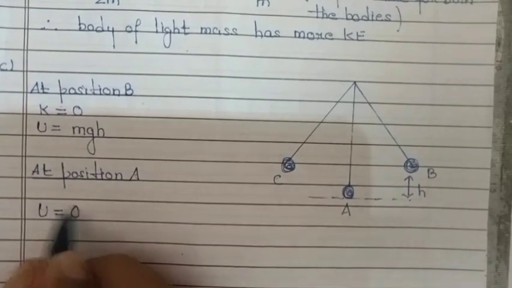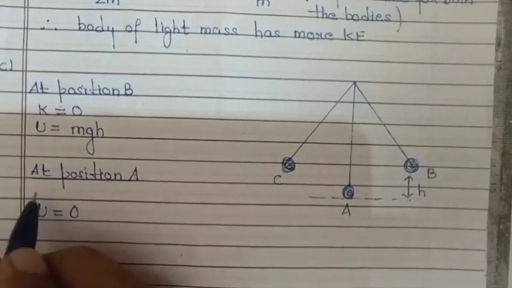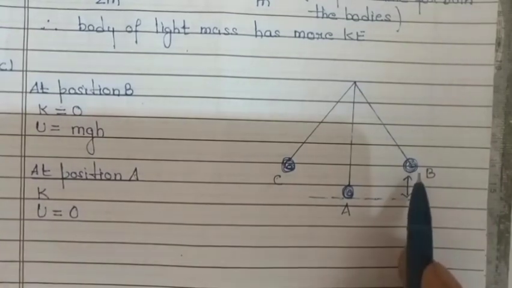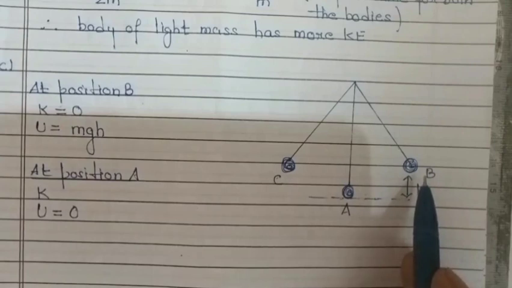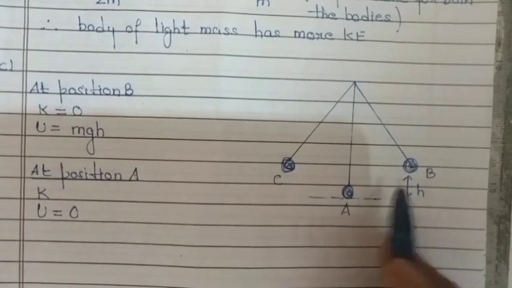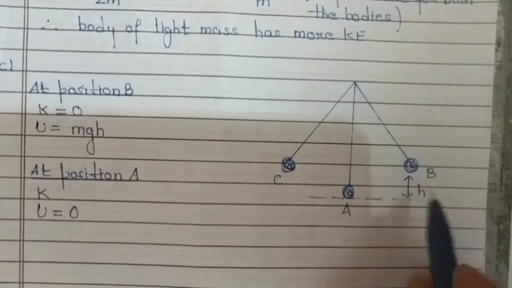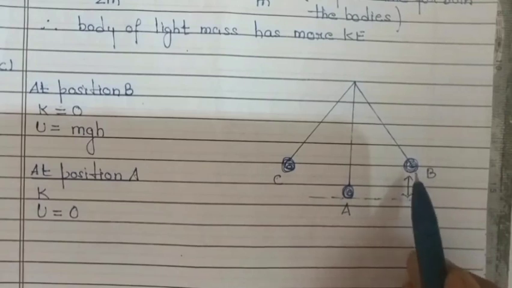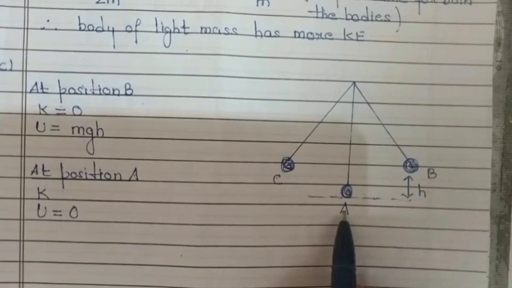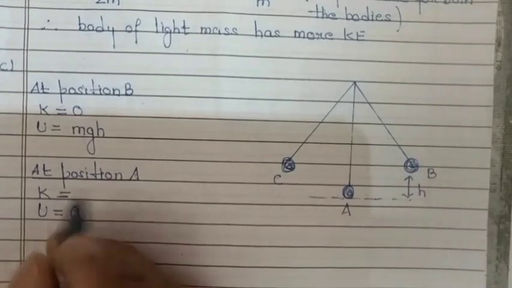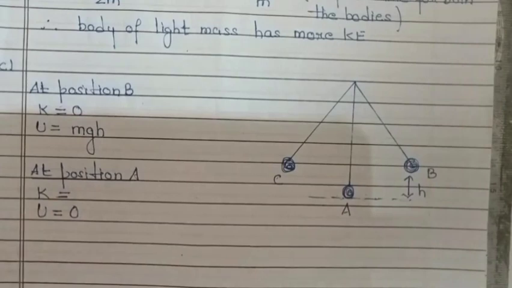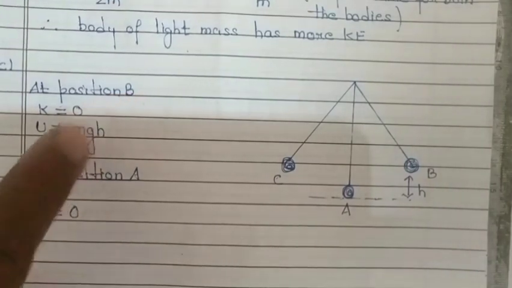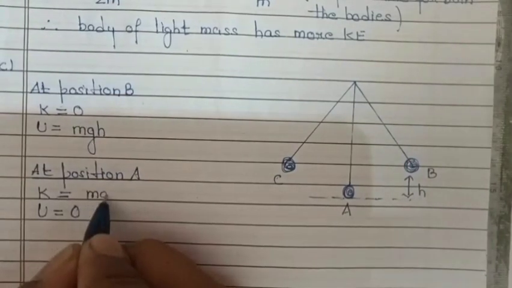So how much will be the kinetic energy? By the law of conservation of energy, as there is no friction or air resistance indicated in the question, whatever the potential energy at B, the same will be the kinetic energy at A. So at A, it will have the potential energy that it had at B, that is mgh.